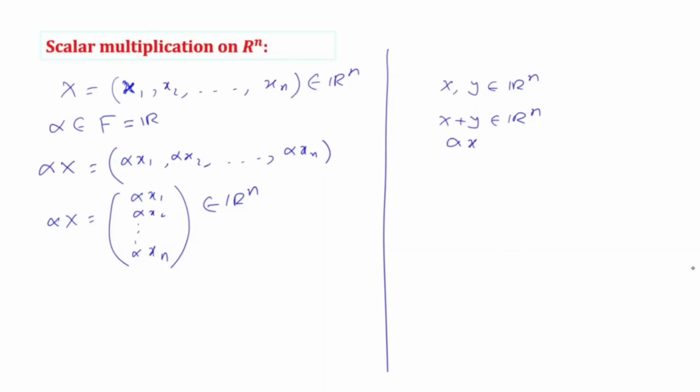So if x, y belong to Rn, then x plus y belongs to Rn, and alpha x belongs to Rn. Therefore the scalar multiplication as well as the addition are closed in Rn.